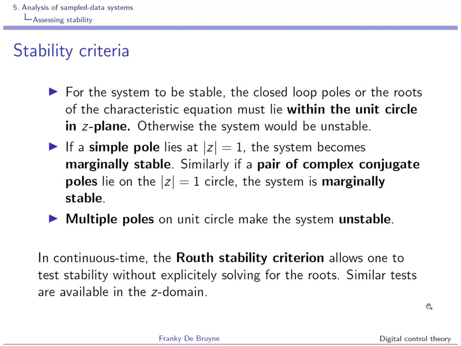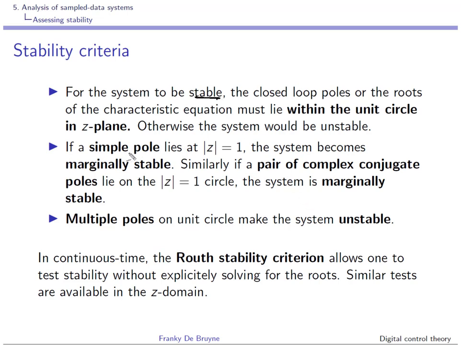Well, the next subsection that we consider in this section 5 is about assessing stability. Remember that if all poles lie within the unit circle, then the underlying system is stable.